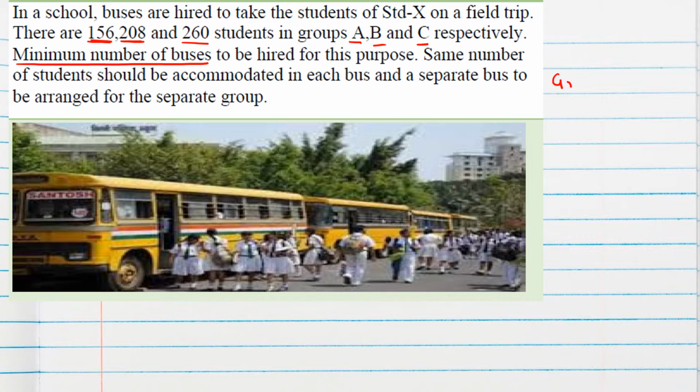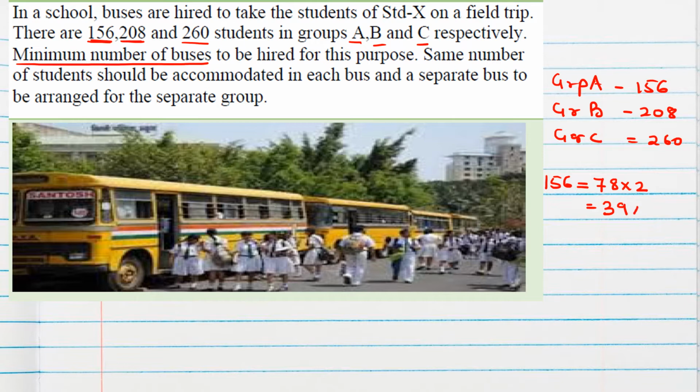So in group A 156 students are there, group B 208, group C 260. So 156 we can write the prime factorization as 78 into 2, then 39 into 2 square, we can write 13 into 3 into 2 square.